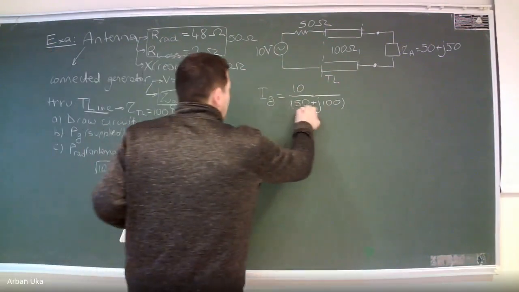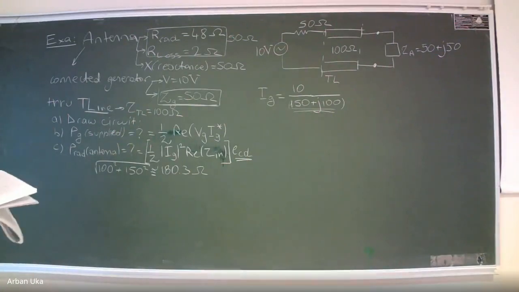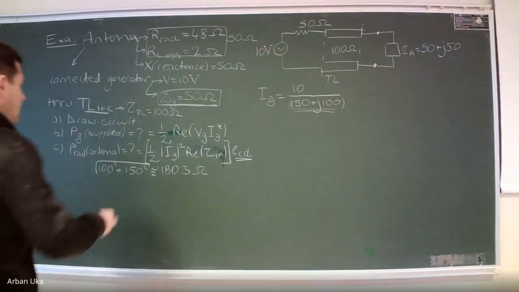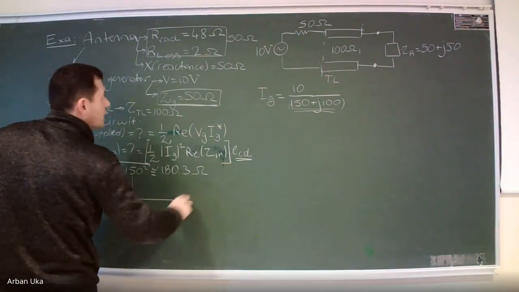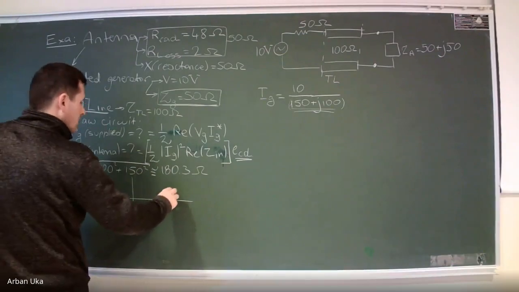So we're just trying to identify the magnitude of this term. So we get 180.3, and then we have to include also an angle, which is related to the reactance and the real part.